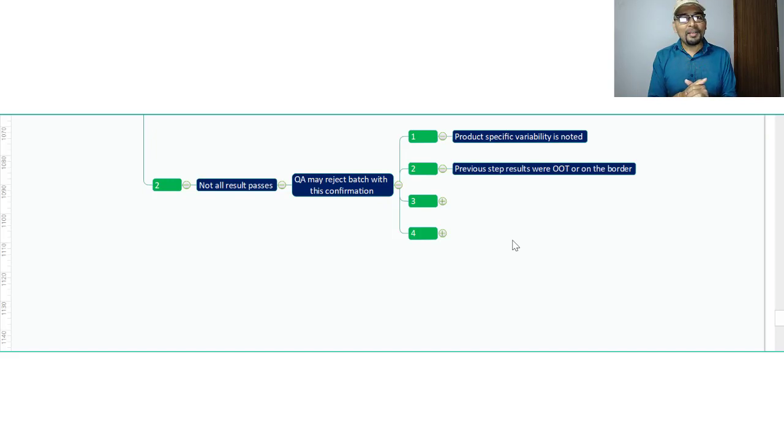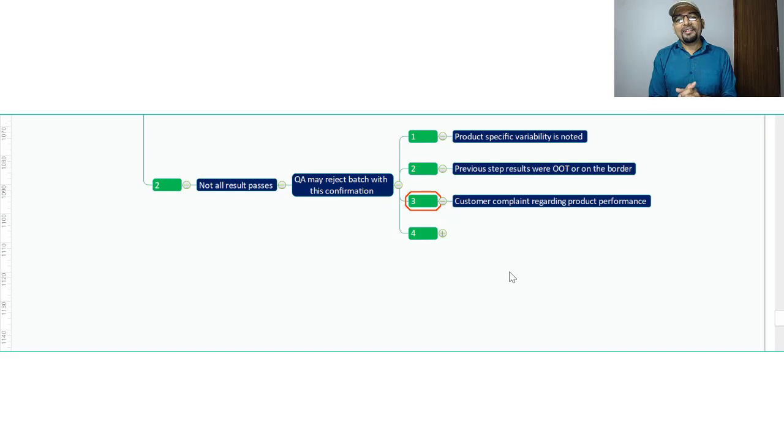You were meeting the blend assay comfortably for other batches, but somehow for this particular batch your blend assay result is on the lower side, though it is meeting the specification, right? And that could be the reason your assay result at the finished product level, the component stability, is also found lower and gone OOS. So if there is OOT for the previous steps, the QA can decide on the rejection of the batch.